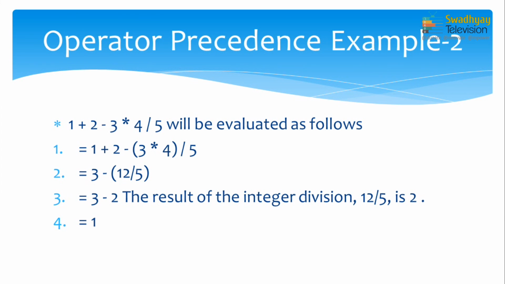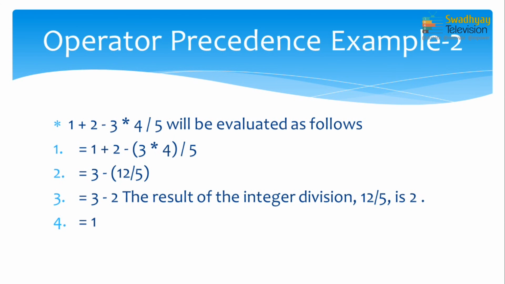On screen you can see we have an expression like this: 1 + 2 - 3 * 4 / 5. Now, how will this be evaluated? We know that the multiplicative operators have higher precedence than additive. So, obviously multiplication and division will be evaluated first, but remember multiplication and division have the same precedence.